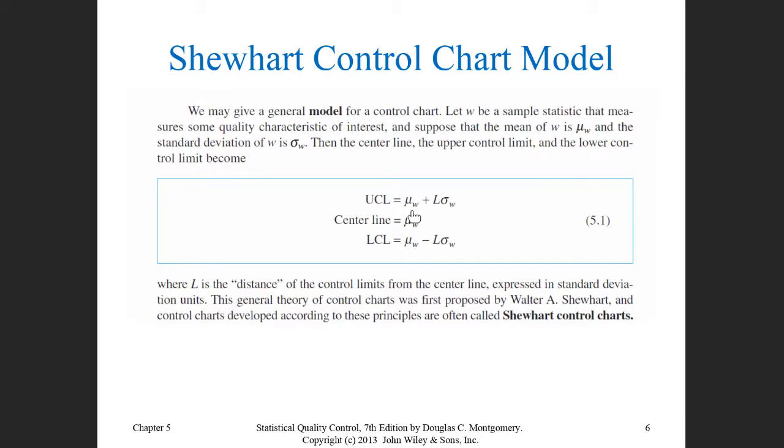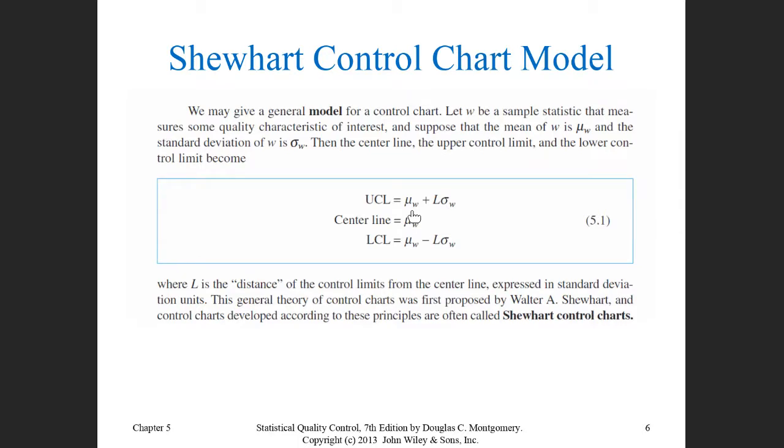For example, you are monitoring the dimension of the product, or the reliability of the product. So the W will refer to the dimension, if it's height, or a weight, or a temperature, or the number of scratches on the product. You can name it any quality characteristic you identified in the product or in the process, even if it's a service process, that is considered to be a W.